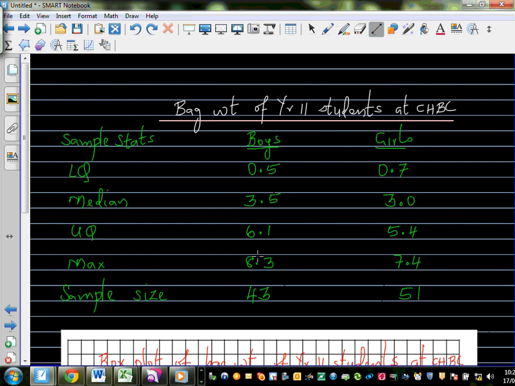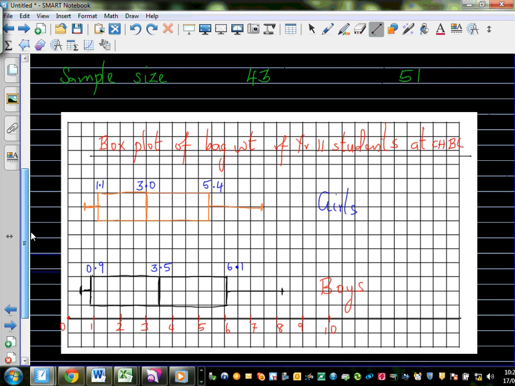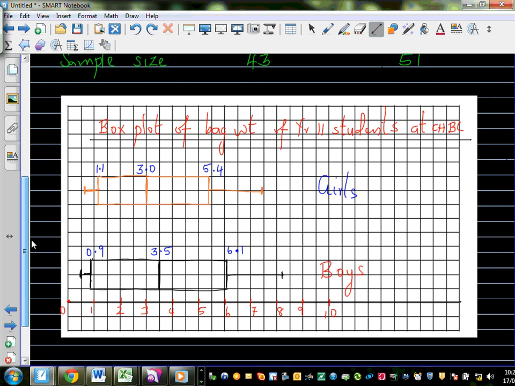So what we want to decide is whether boys carry heavier bags than girls. That's the problem, and this is the statistics. So what we can do is, I have drawn the box and whisker of boys and girls.